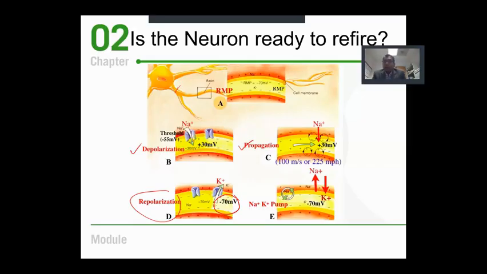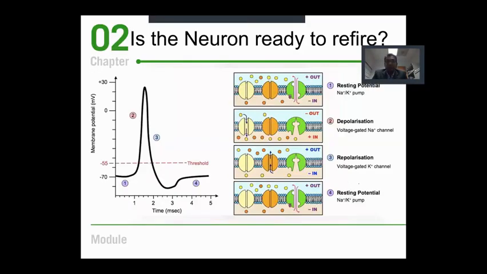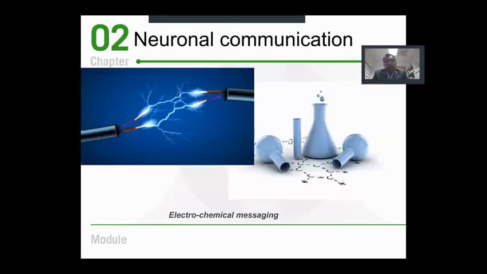So there is this next step called the sodium-potassium pump, where the excess sodium inside is pumped out and the excess potassium outside is pumped in, so that it's not only negative 70 millivolts now, but it has the appropriate amount of sodium outside and potassium inside for it to go through depolarization and repolarization again. So is the neuron ready to fire again? No. This is because of ionic imbalance.